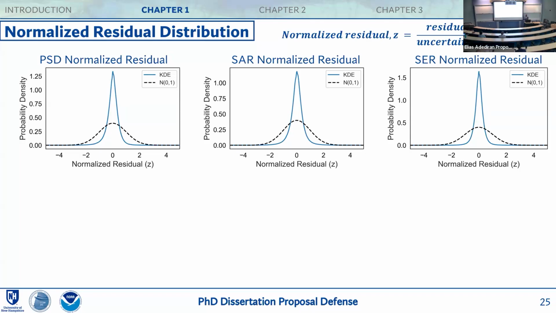So for the PSD, the curve there, the one in blue, the shape of this distribution is called a leptokurtic distribution. What that means is that it has a peaked top, and it is heavily tailed.